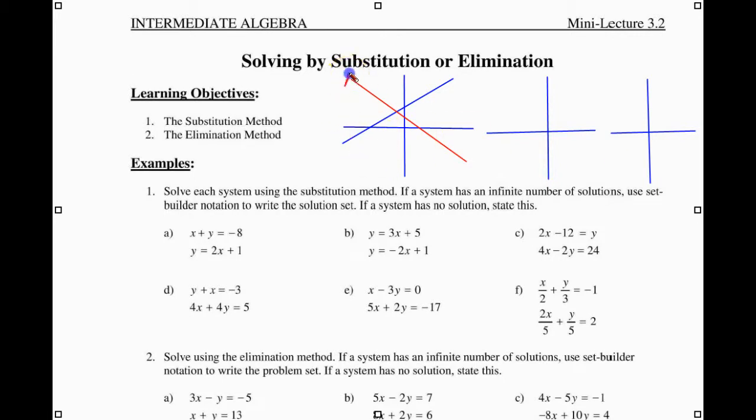Now, along every graph, there are ordered pairs that we were showing a little bit in the previous lesson. How many ordered pairs are along this particular line? Well, we say there is an infinite number. And how many ordered pairs are along this line? Well, every line of a graph has an infinite number of ordered pairs.